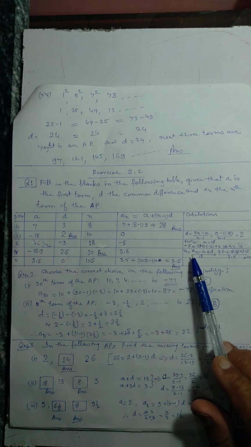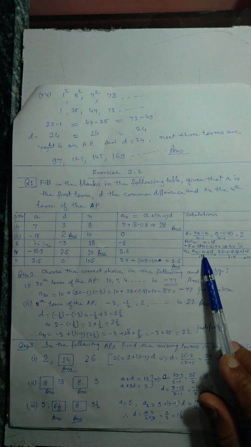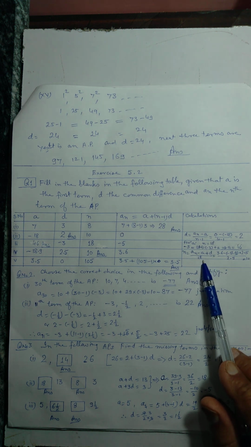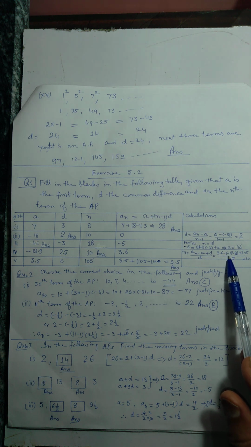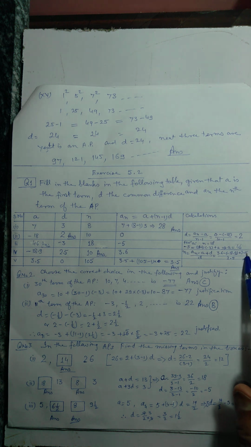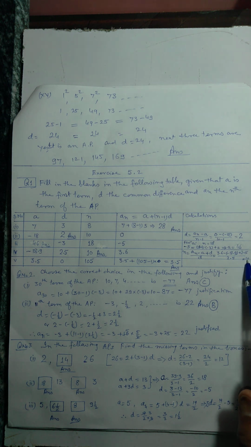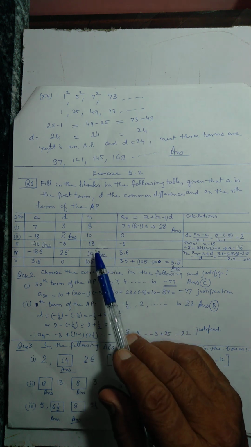To work out the number of terms, we follow this formula: an minus a plus d whole divided by d, where an means the nth term, that is 3.6, minus, inside the bracket, minus 18.9, bracket closed, plus 2.5 whole divided by 2.5. You solve it, you will get 10, and I have filled in 10 in the n column here.